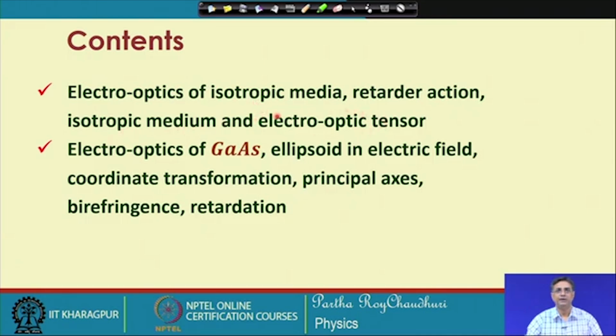From there, knowing the electro-optic tensor, we will try to evaluate the new refractive indices, and then we will look for the applications, and for that we will first estimate the birefringence and retardation. Then we will talk about the different modes of configuration of the crystal for modulator applications.